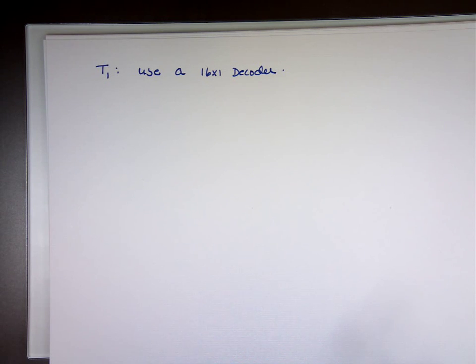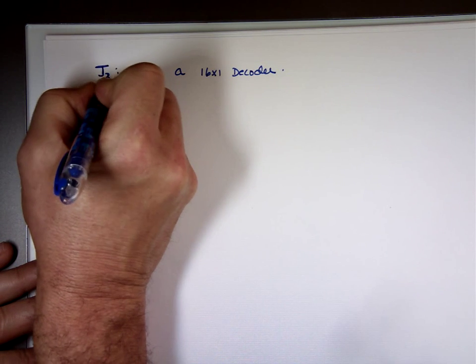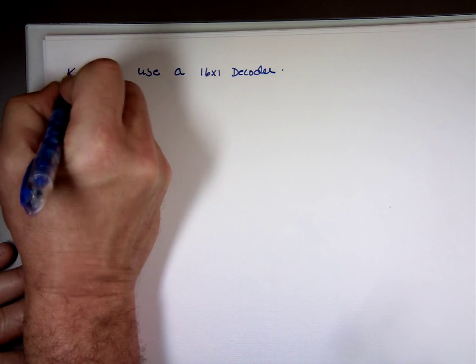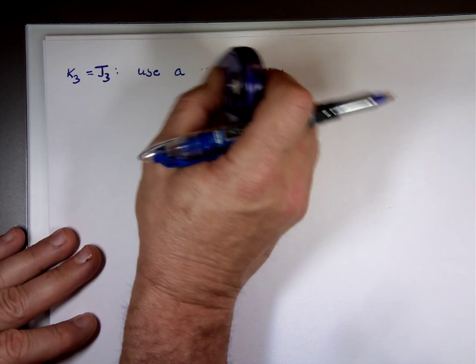Actually, I should have made it, you know what, for J3 and K3, use a 16 by 1 decoder. How about J3 and K3? Use a 16 by 1 decoder. Not 16 by 1, that's a 4 by 16 decoder.